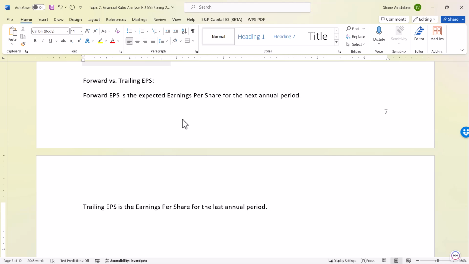You might say, well, why would you ever use the forward EPS? Because that's always going to be a guess or an estimate. And the cases where you would want to use the forward EPS is if the recent history for the firm or for the market has not been representative of the norm for that company.